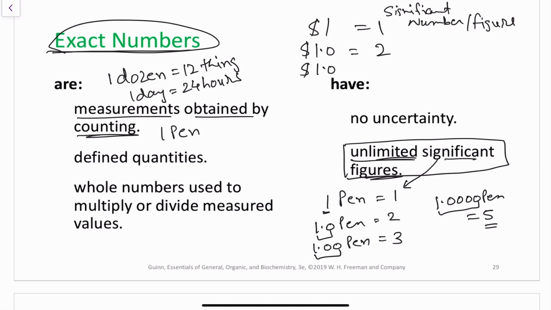If I say 1.00, how many significant figures? 3, but still I have $1. So the value is not changing, but the number of significant figures is. I can have multiple zeros, but the value will remain one dollar. So that means it has unlimited significant figures.